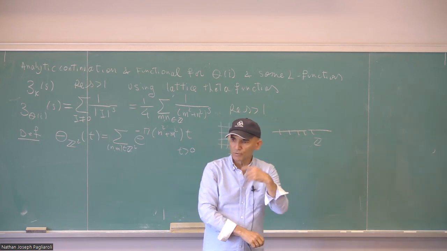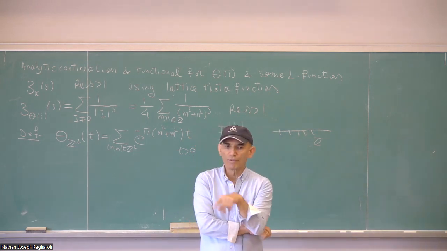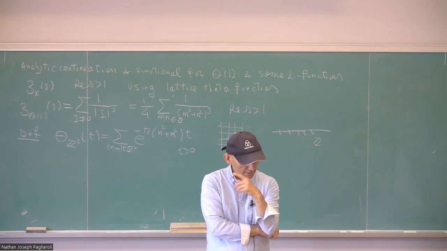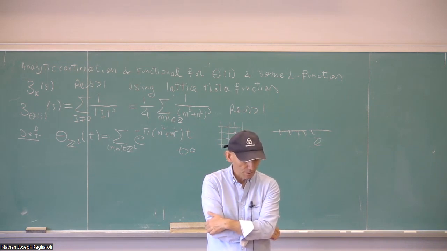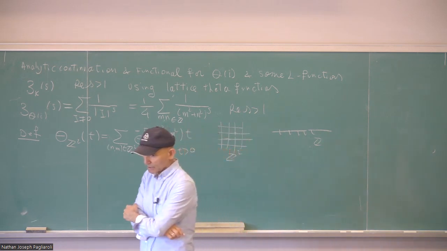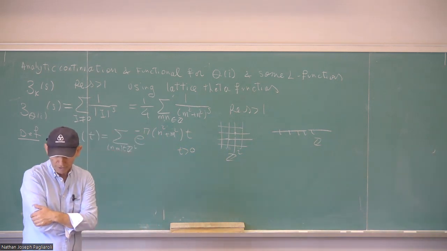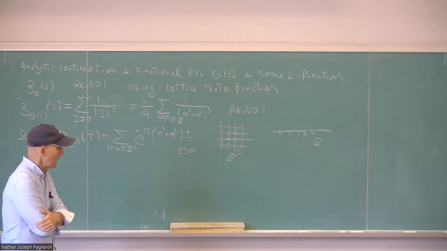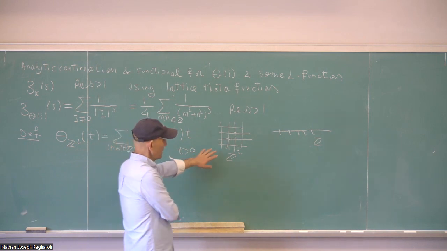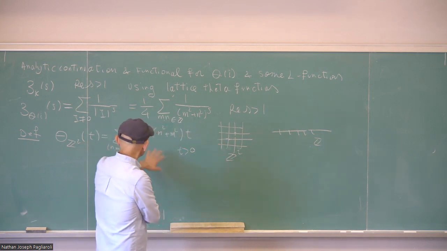Each lattice has its own theta function. One way to study lattices is through the study of zeta functions, because lattices are very complicated objects. They're not easy objects, as you might think. Anyhow, this is the integral lattice, and we define it like this.